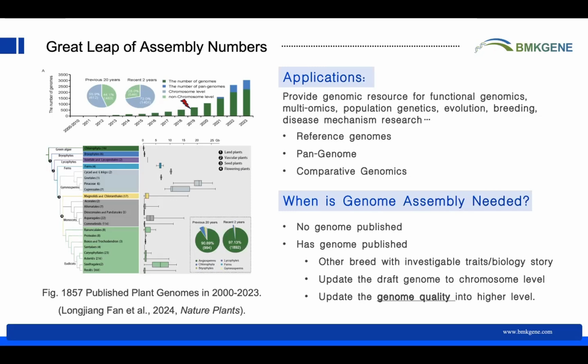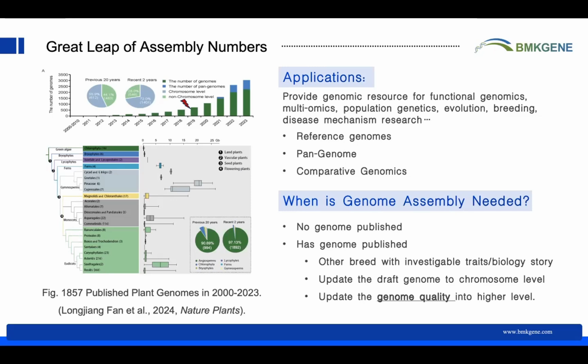So the next question is when genome assembly is needed. The first case is that if no genome has been published for this species, then assembling a reference genome is a very important thing.